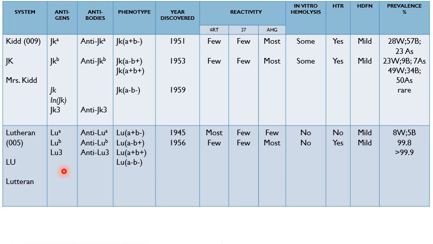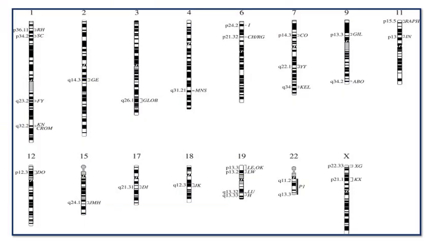The antibody is influenced by pregnancy and transfusion. The Lu gene BCAM is located on chromosome 19, position 19q13.2, along with other genes like H, secretor, and Lewis.